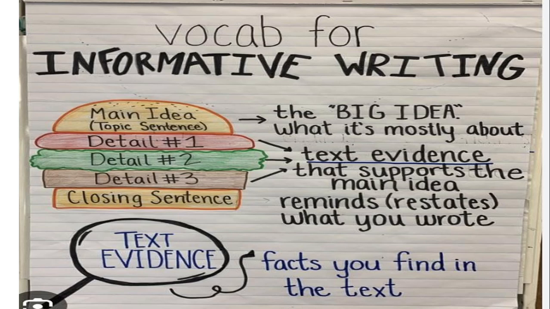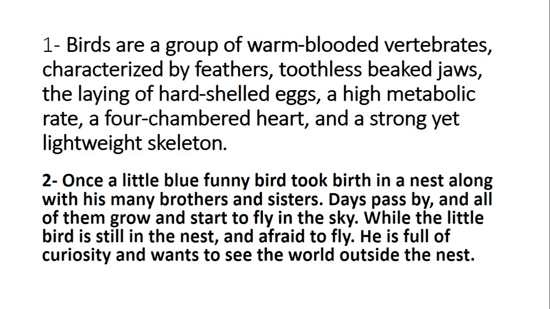Now, let me think of a topic to show you two different passages that talk about one topic, for example, birds. I will let you see two passages. One of them will be narrative, the other will be informative, and in both of them we have birds. Let's check the difference.